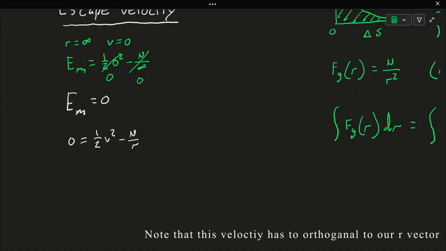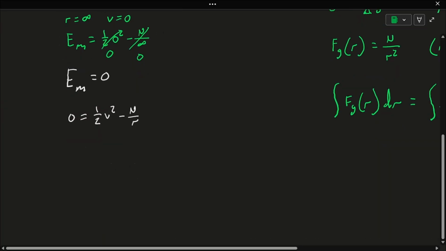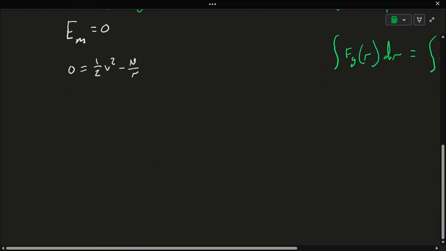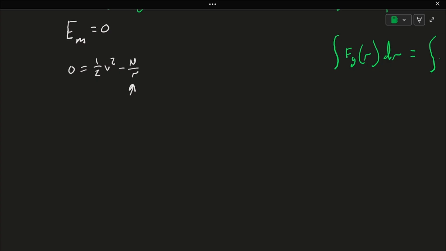What's kind of cool about this is, say we want to escape from an attracting body, and we know our current velocity and we know our current distance from the attracting body, so we know our r value. Well, by rearranging this equation, we can then find the necessary velocity. And vice versa, if we know our current velocity, we can find our necessary distance.